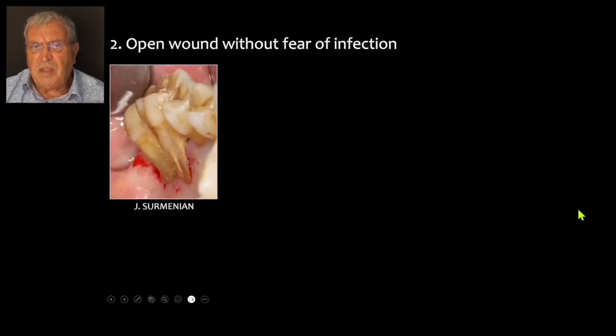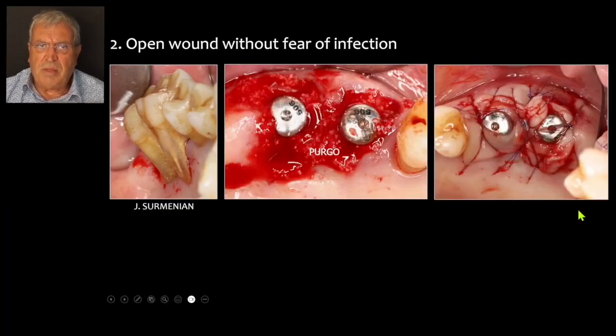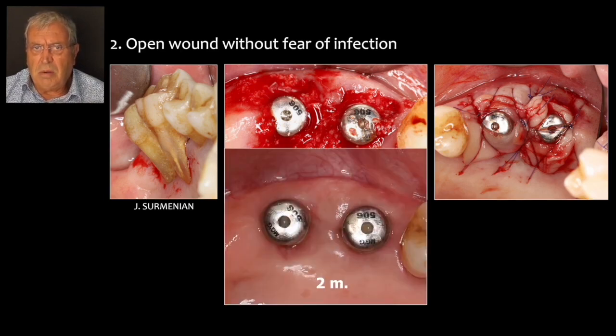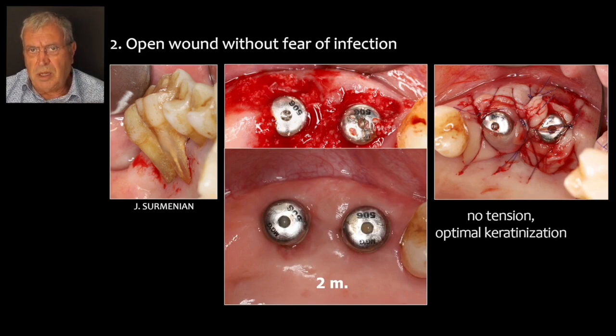When we have teeth in the palate, we know that in this situation it is difficult to achieve primary closure. It doesn't matter. We leave it open. And we know that we will get the closure, the bone, and the soft tissue thickness.